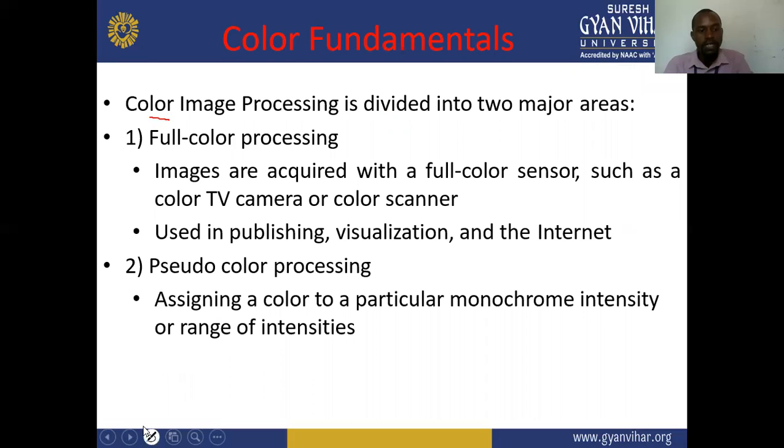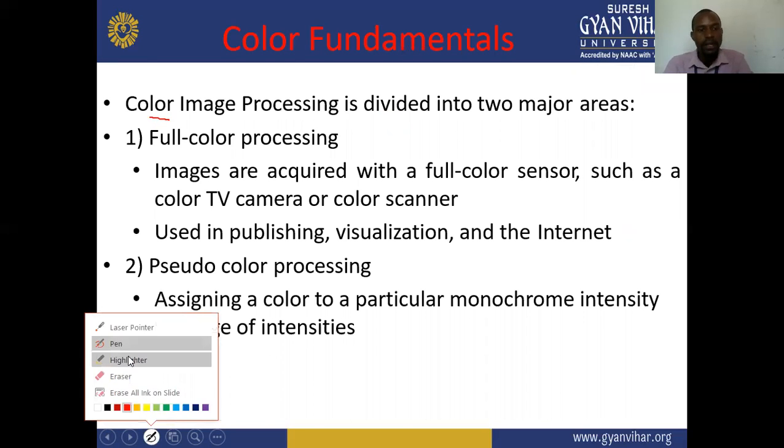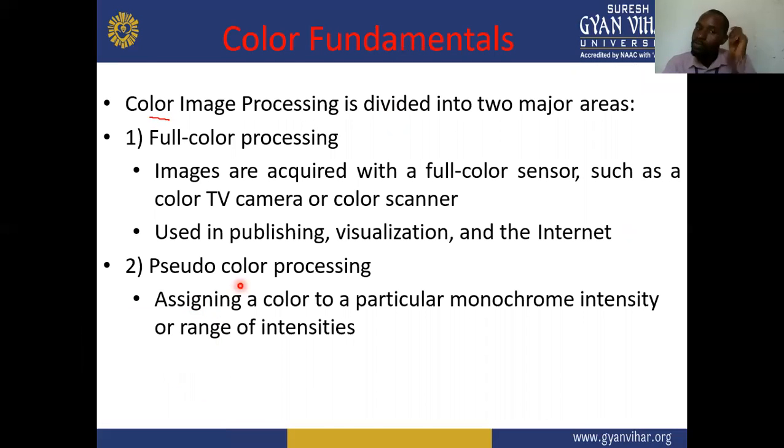The first category that we have is full color image processing. Now, this full color processing is basically obtained from a full color sensor, such as the one we can get from a colored TV or a camera or a colored scanner, sometimes from a colored printer.